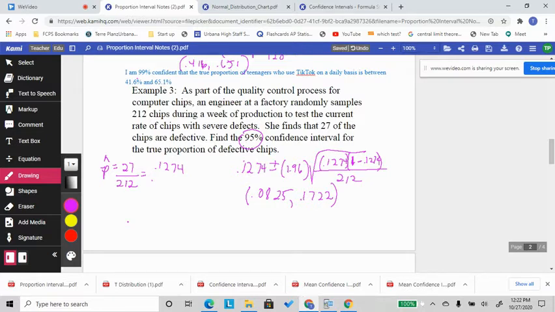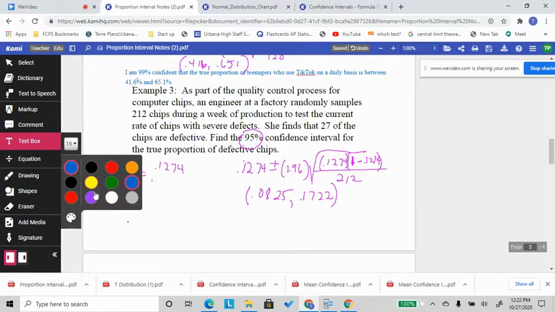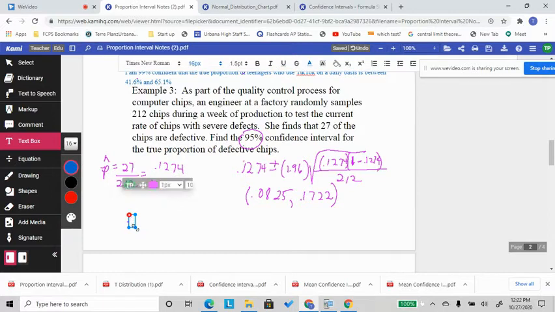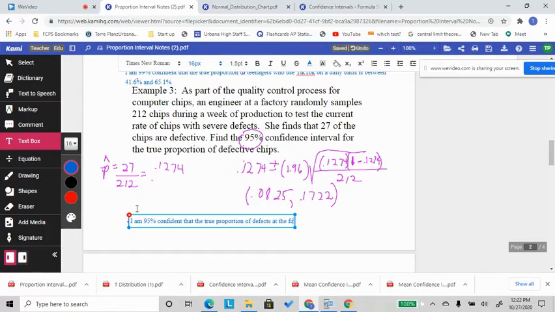All right, so then text box. Okay, I am 95% confident the true proportion of the factory is between, then I'm going to change that to a percent, 8.25% and 17.32% of computer chip defects.